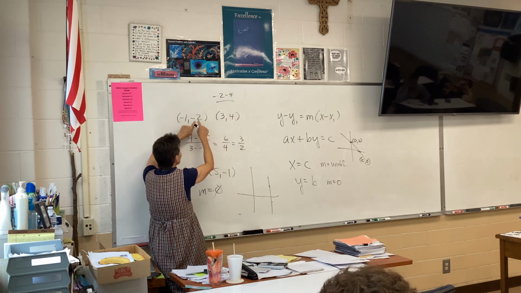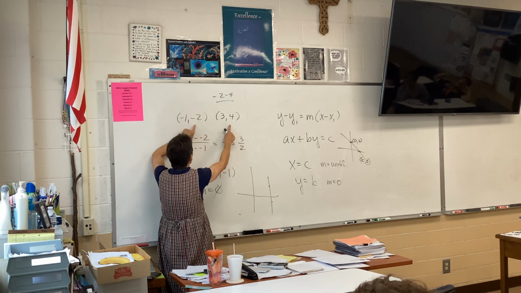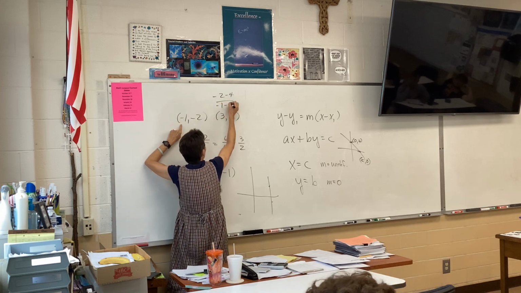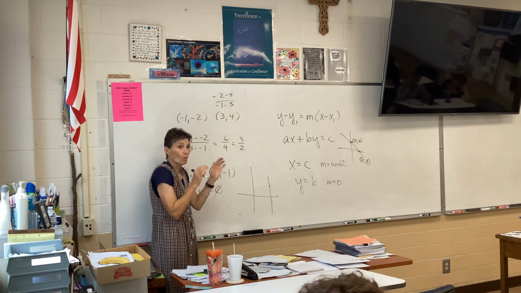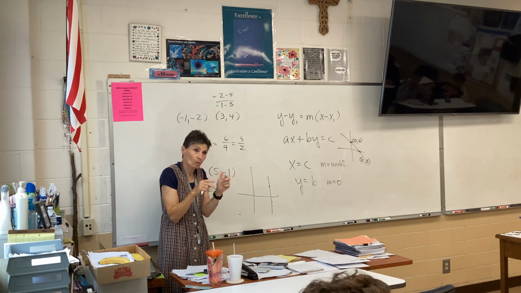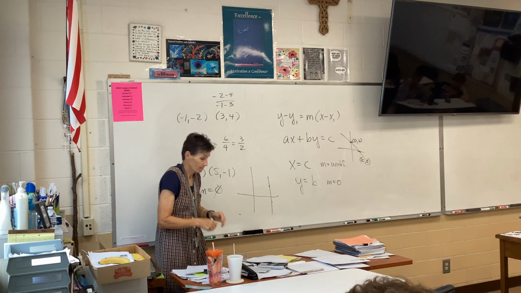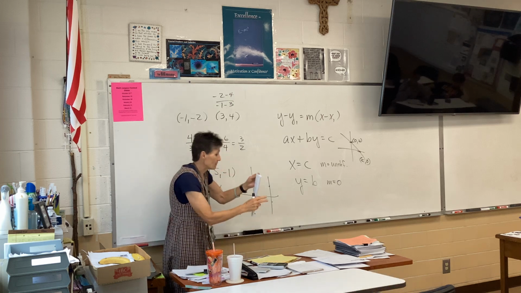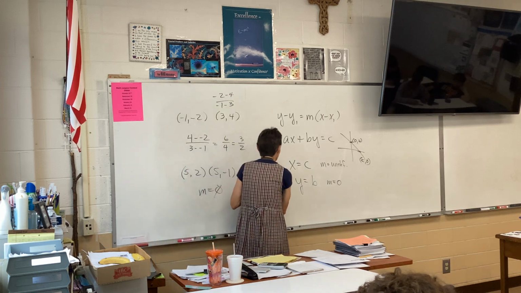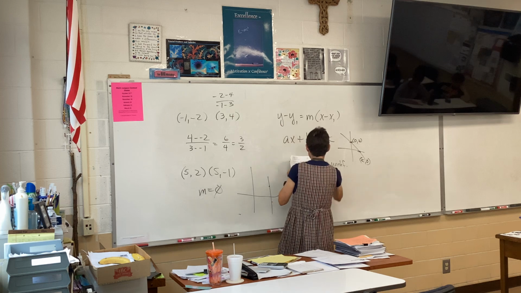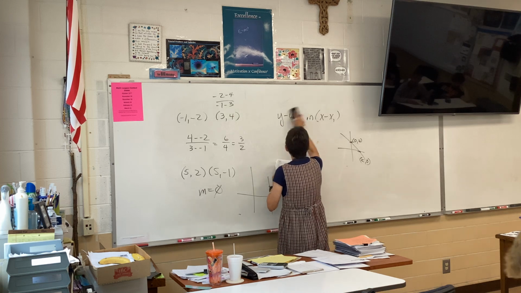But if you do negative 2 minus 4, then you gotta do negative 1 minus 3. So the order doesn't matter, but you gotta do the same order both times when you do slope, okay? All right, if the slope of AD is negative 7/5, so this is A and that's B, find x.